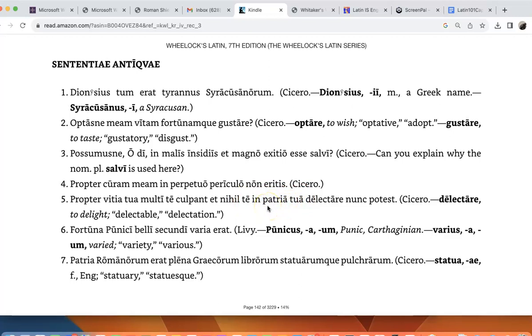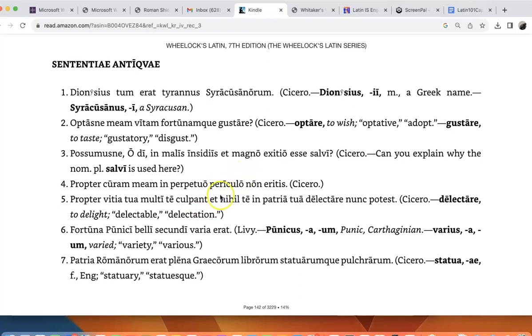Now this is probably a reference to Catiline, who was a conspirator that Cicero revealed, or rather whose conspiracy Cicero revealed to the Roman Senate and hence to Romans. And so Catiline was sent into exile. We mentioned how Julius Caesar was sent into exile, so to speak, just a moment ago.